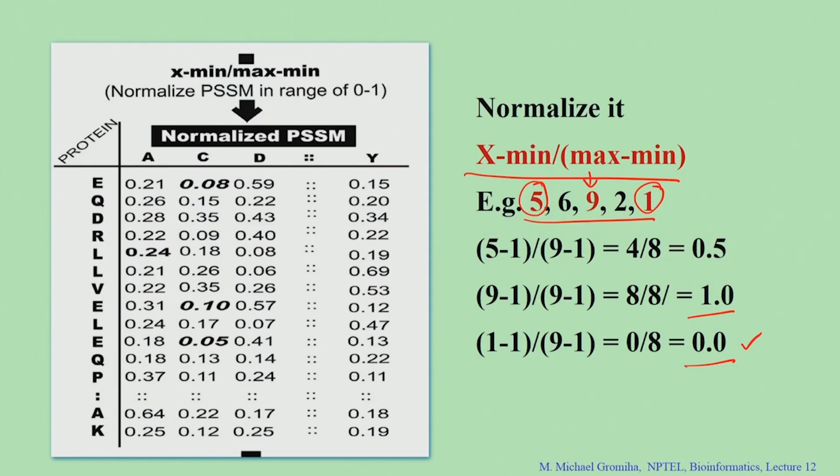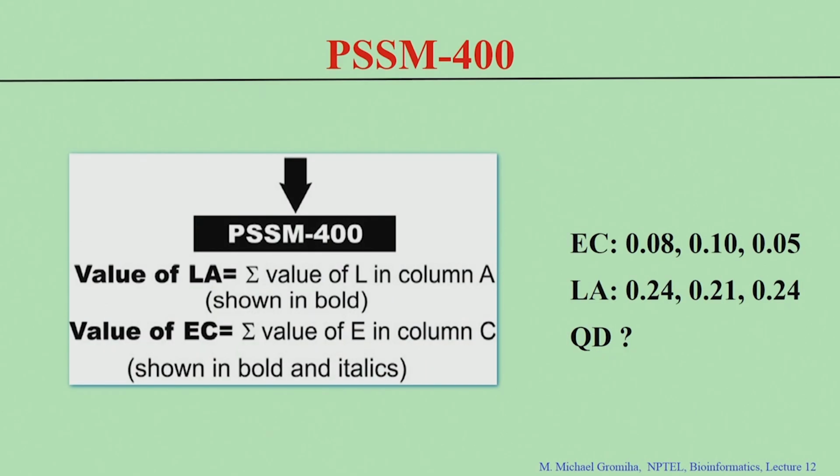We can see some numbers very high and some very low. For example, this high one is 0.64, and this is 0.59. Some numbers are highly preferred and some residues are less preferred. Now, if you have different numbers, it is also possible to combine them and make a 20 by 20 matrix.